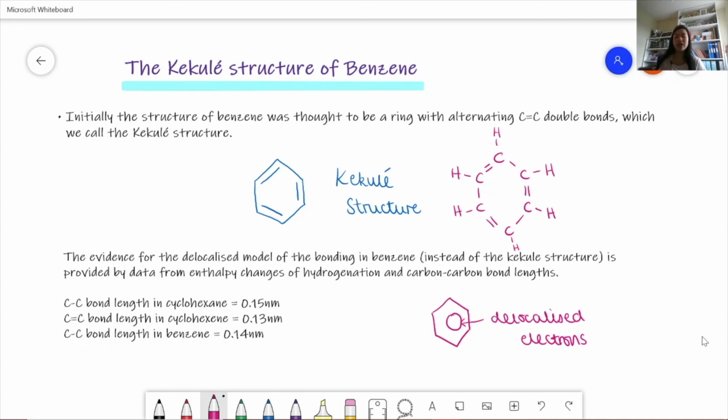So if we first have a look at the carbon-carbon single bond length in cyclohexane. So cyclohexane has the structure of 6 carbons. But unlike benzene, it has 2 hydrogens on each carbon.